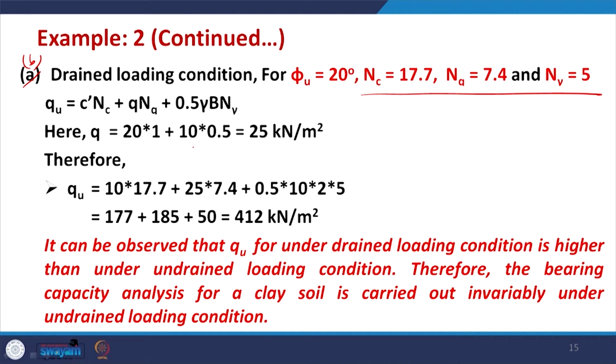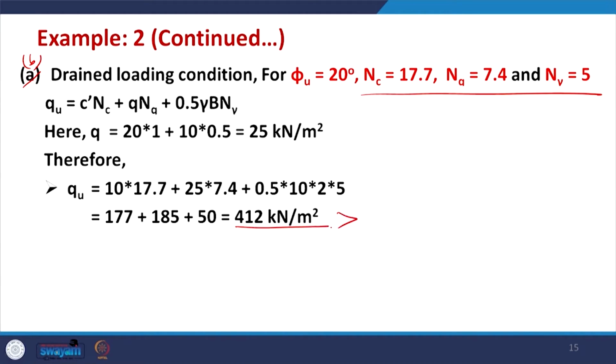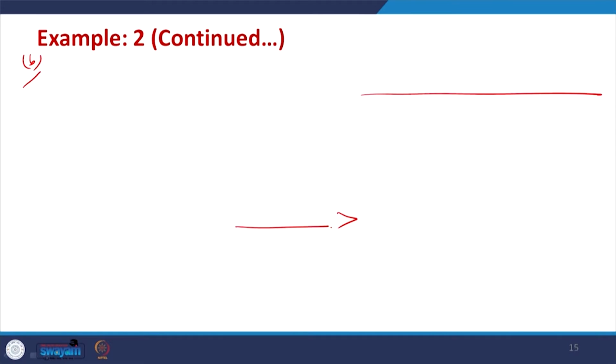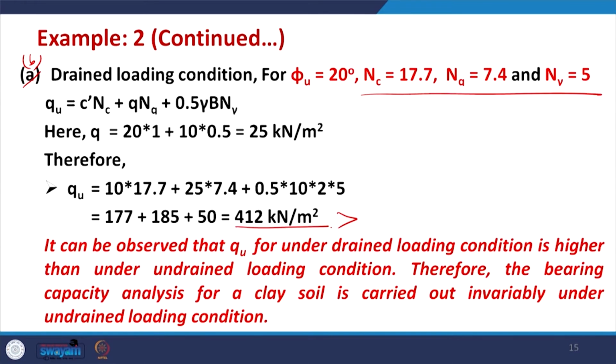Now we put the numbers here. We have c, we have Nc, Nq and N gamma, and when we put all the numbers in, you get the value 420, which is greater than the value calculated in the last slide, which was 253 kilonewton per meter square.